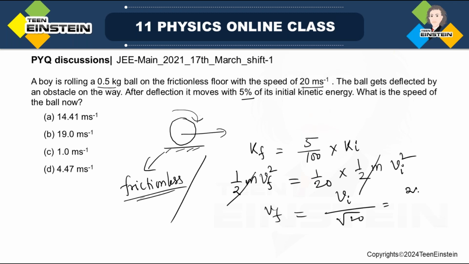This is 20, and there is root over 20. So I think this will be root over 20 meter per second. And what is this root 20? Root 20 will be 4.47 meter per second. Okay, so option D will be the correct answer for this question. All right, so we'll go to the next problem.